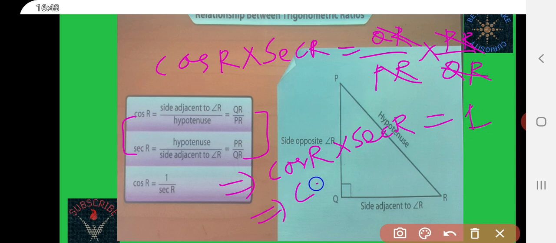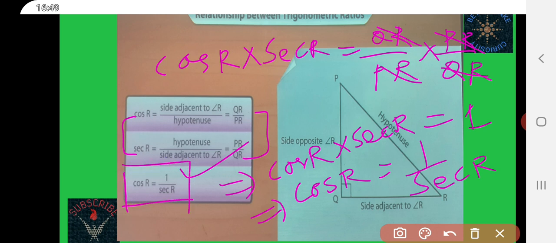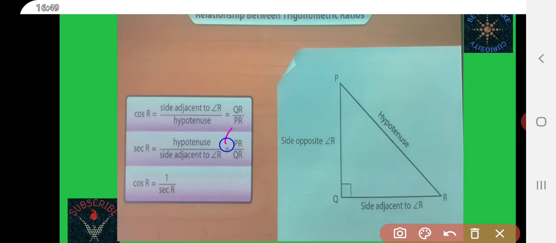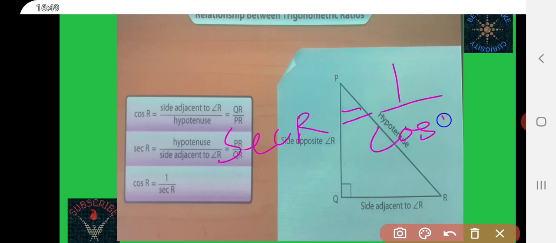Then you can write cos r is equal to 1 by sec r. They are reciprocal. Also you can write sec r is equal to 1 by cos r.